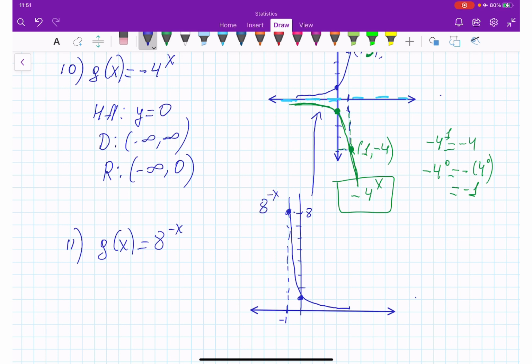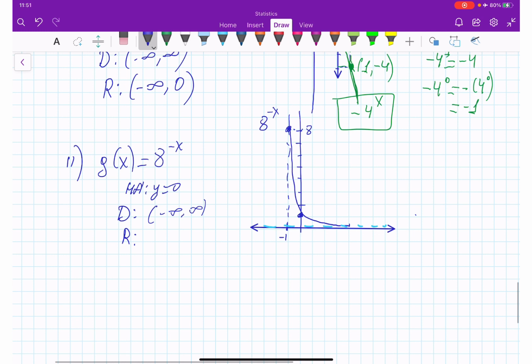Everything else we know. The horizontal asymptote is y equals 0. Here it is. The domain is negative infinity to positive infinity. The range is from 0 to positive infinity, because it's going up and starting from 0.